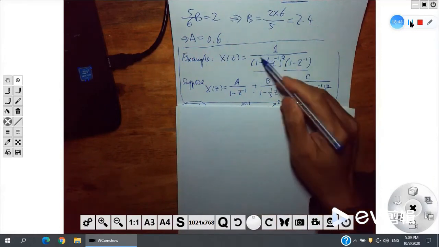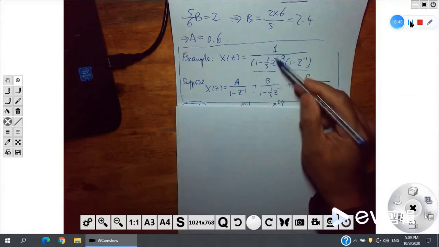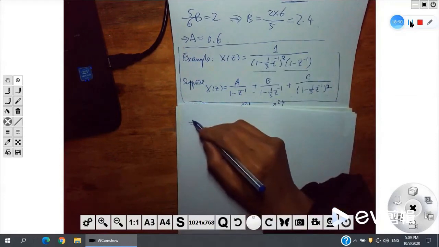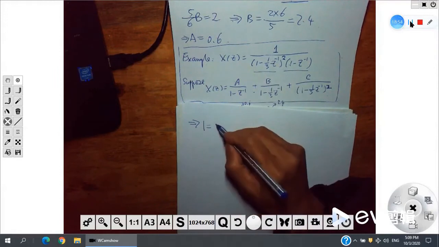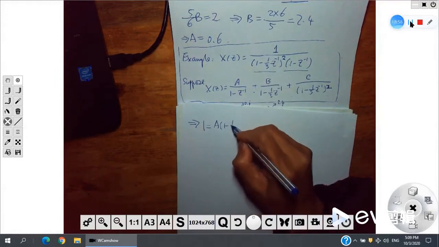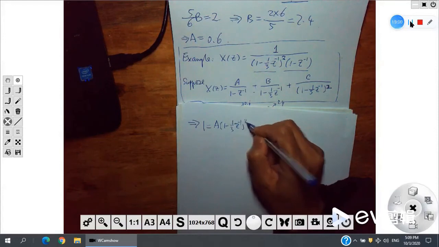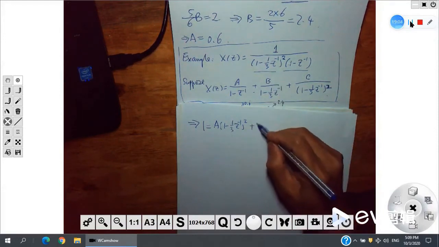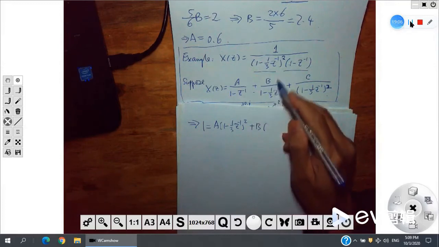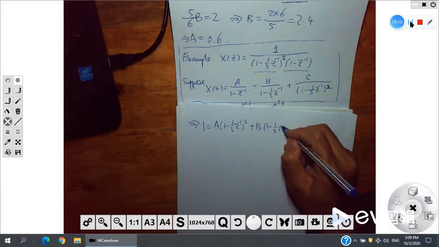We multiply the denominator on both sides. Then we have 1 equal to a times 1 minus 1/3 z to negative 1, squared. And second term, it is b times, okay, I cancel one of it. I have another 1 minus 1/3 z to negative 1.